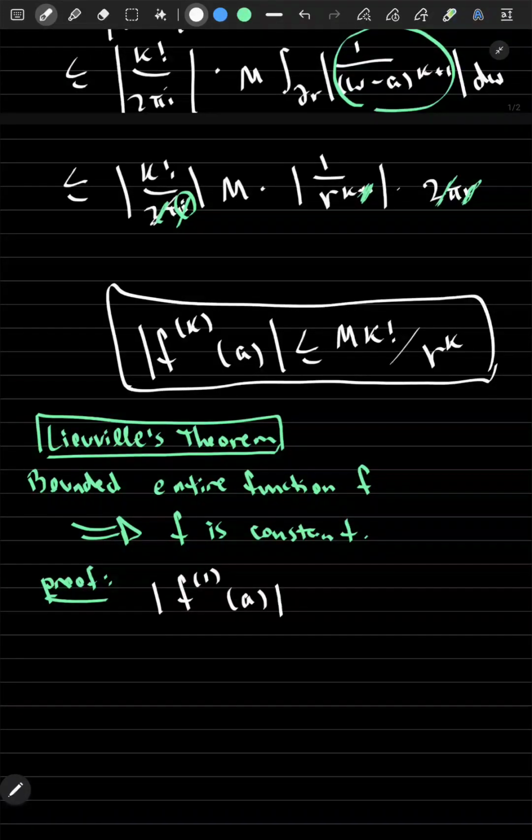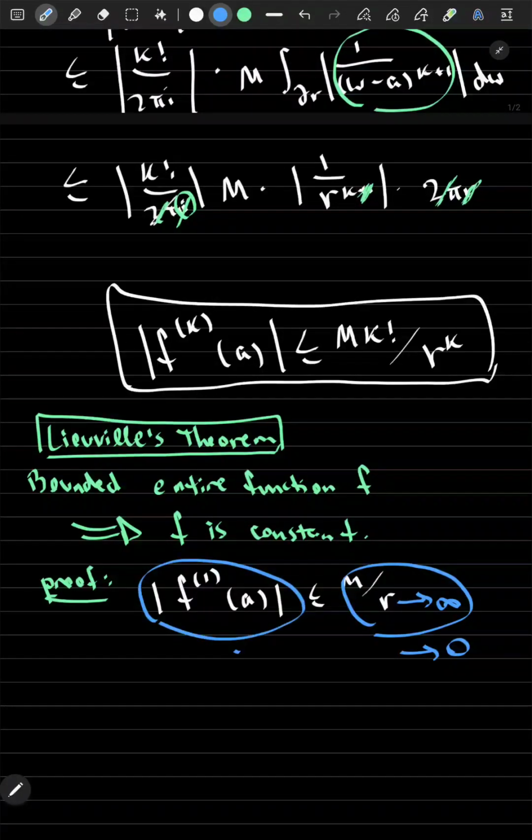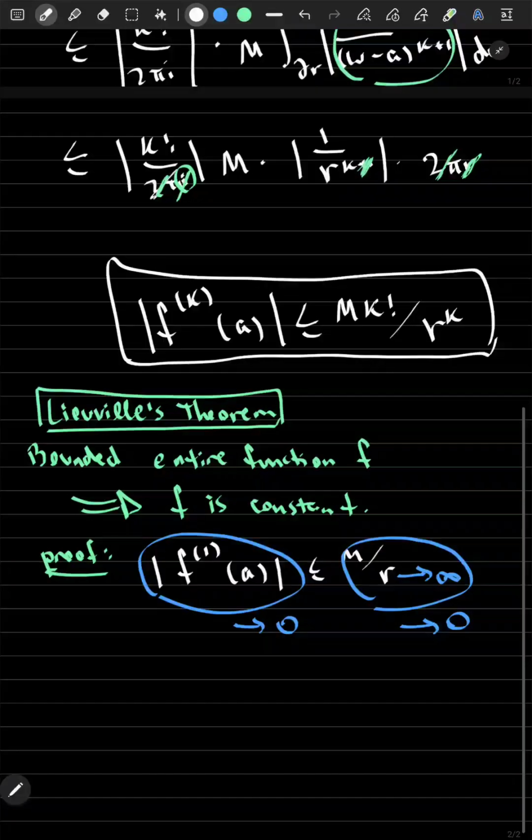At an arbitrary point a, it is less than or equal to M over r, and we assume that f is bounded, so M is the bound on f, and since the function is entire, we can take r tending to infinity, and the same estimate holds for every r that we take. So in fact, the right hand side tends to 0, and so does the left hand side, and since a was arbitrary, we have that the derivative of f is 0 everywhere, and so f is constant.